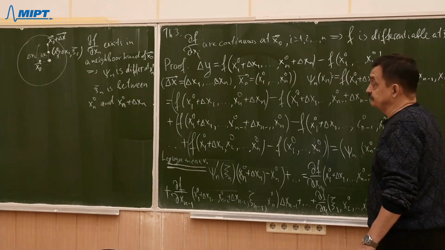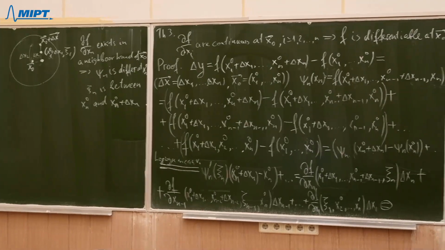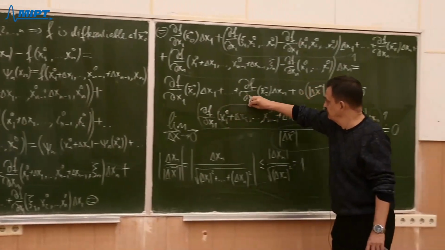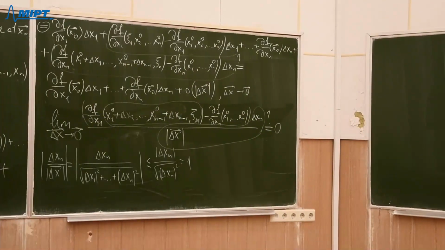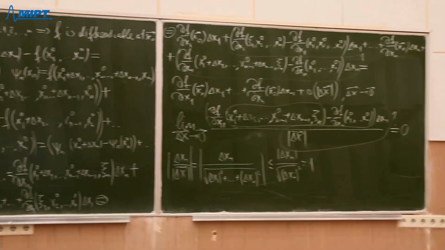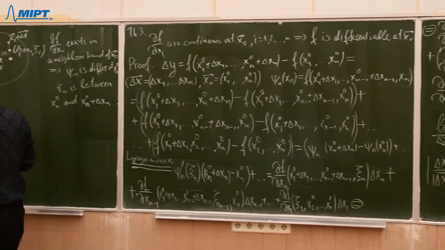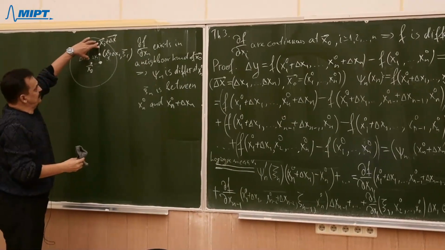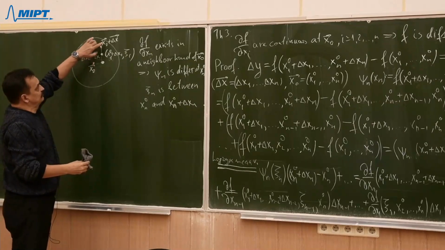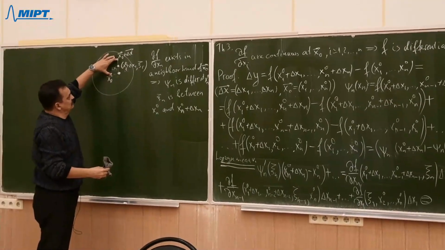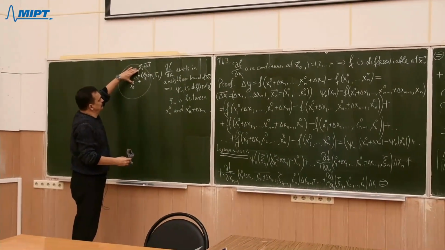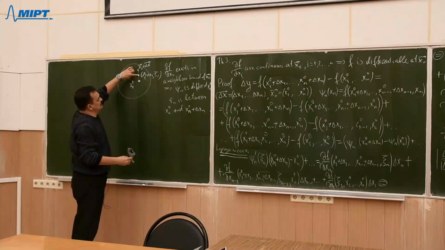Hence, that point, you see, for the picture, it's here. If delta x tends to 0, the distance tends to 0, and the distance from our point to x0 is strictly less than delta x.